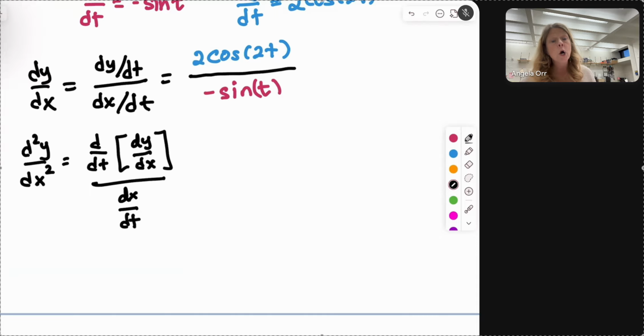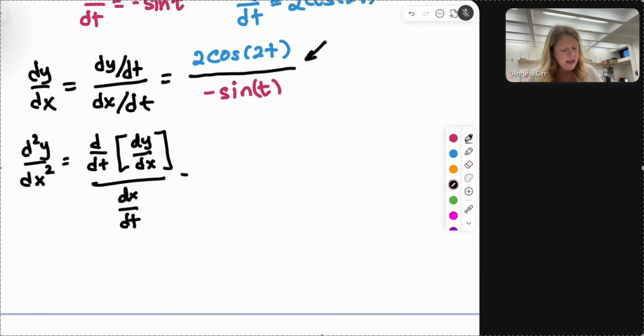You can take a look at an earlier video as to the conceptual framework for this. Hopefully that will make some sense. The basis of that is this idea that the derivative of y with respect to x is a function of time, and therefore I need to apply the chain rule when I am taking the derivative of it. And so here we go.